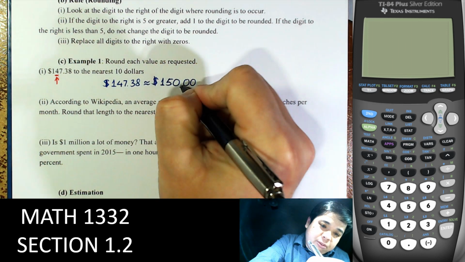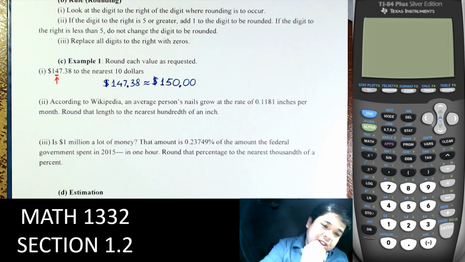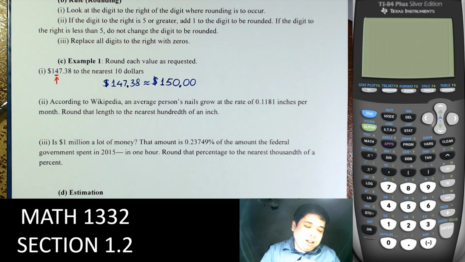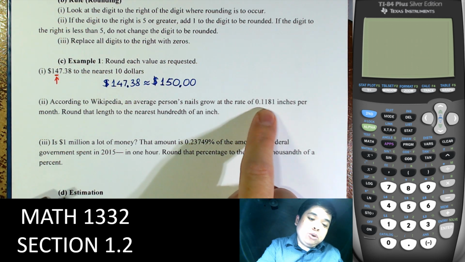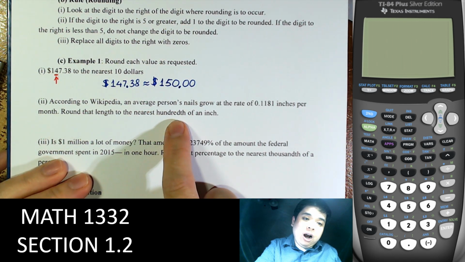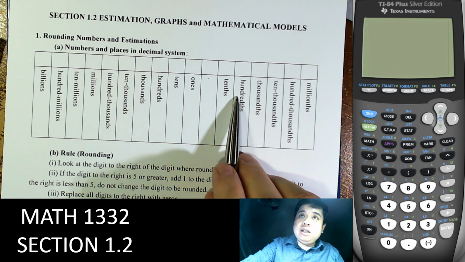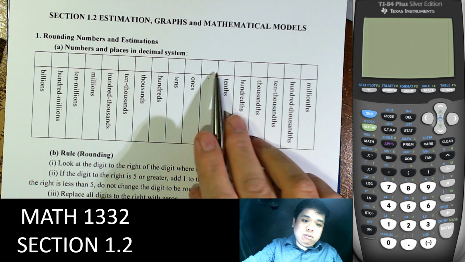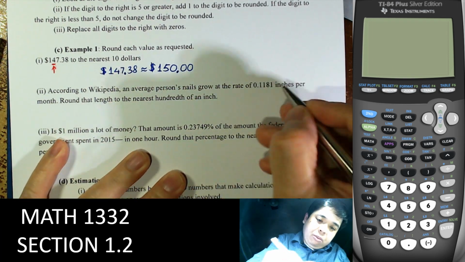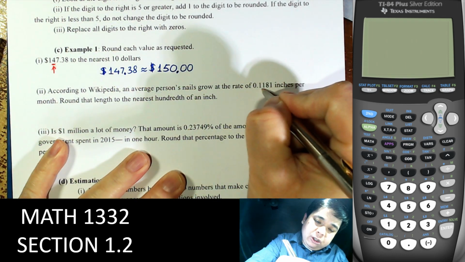Next, we're going to round this number to the nearest hundredth of an inch. The hundredths place is the second place after the decimal point.